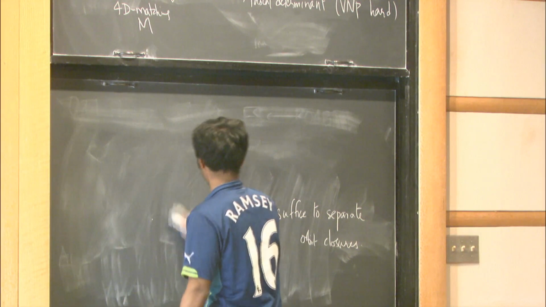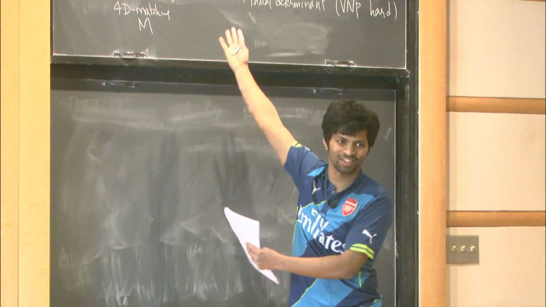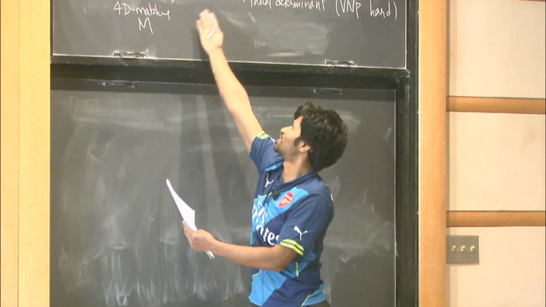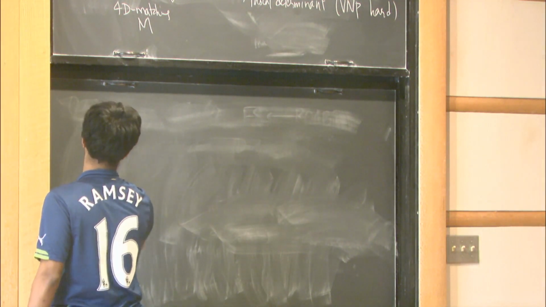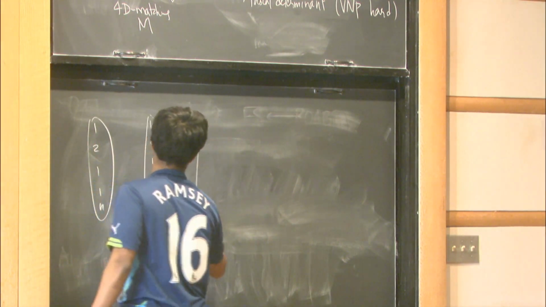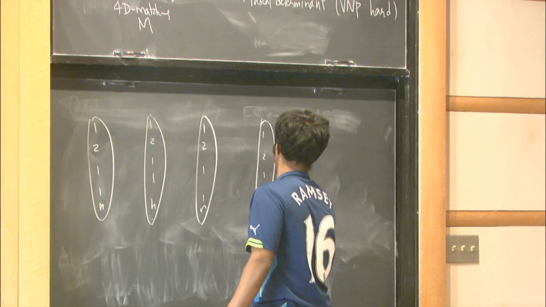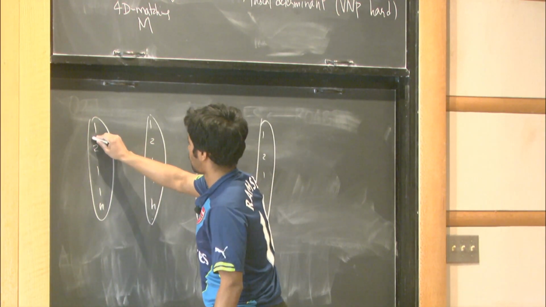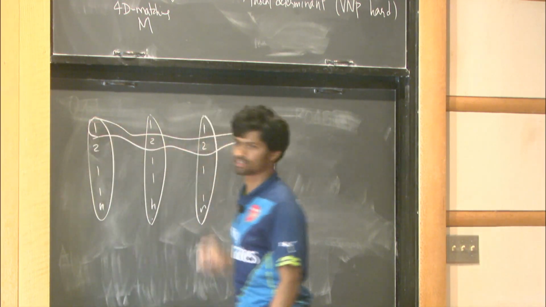And so to do this, I have to tell you what these 4D matchings are. I mean, I wrote down something, but I have to tell you what this thing is, because what is a 4D matching and what do these symbols mean? Okay? So a 4D matching is something that looks like this. So you take 4 sets of vertices, and a matching. Okay, so a hyperedge is something that looks like this.